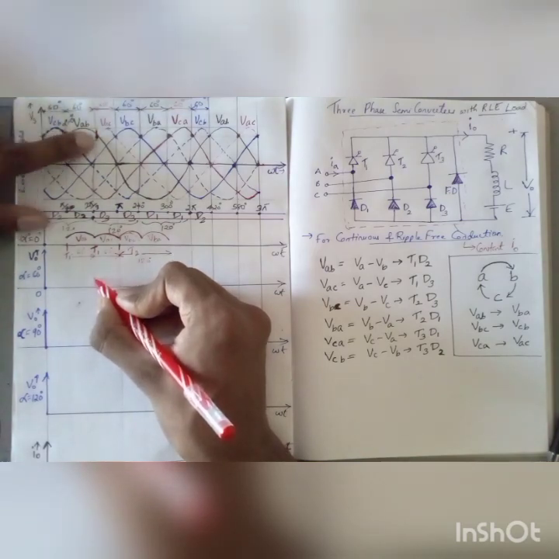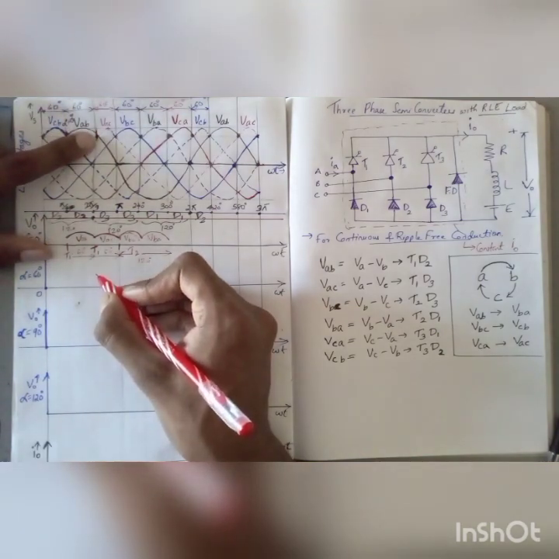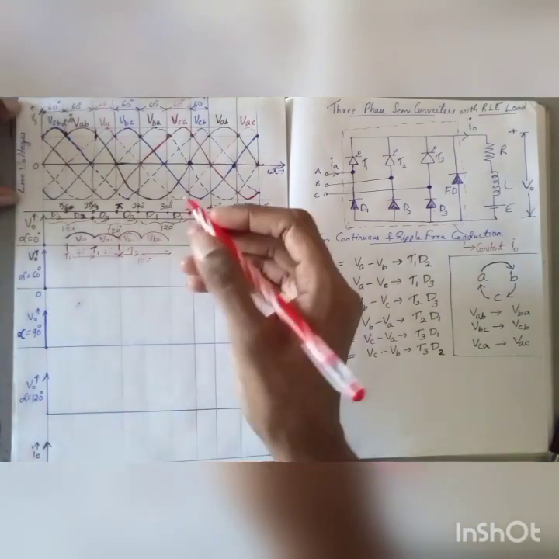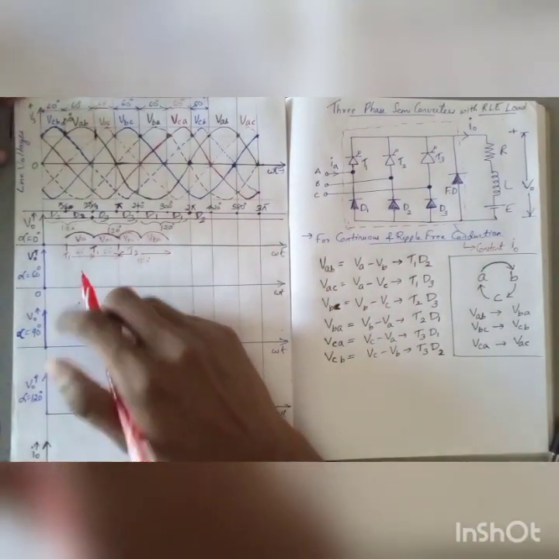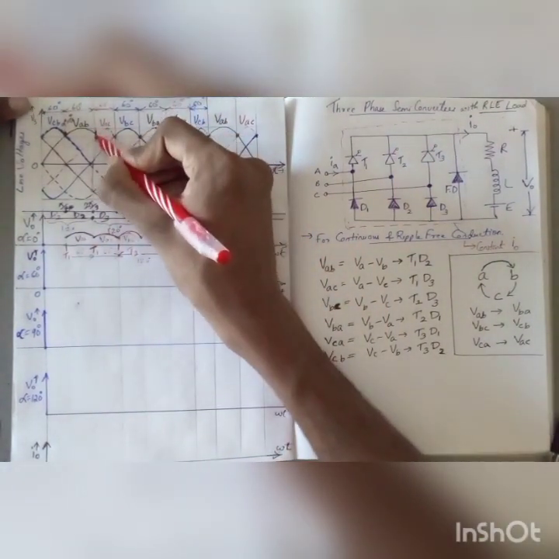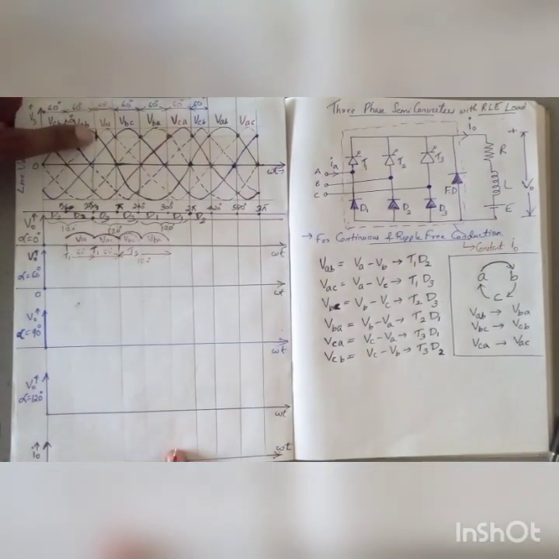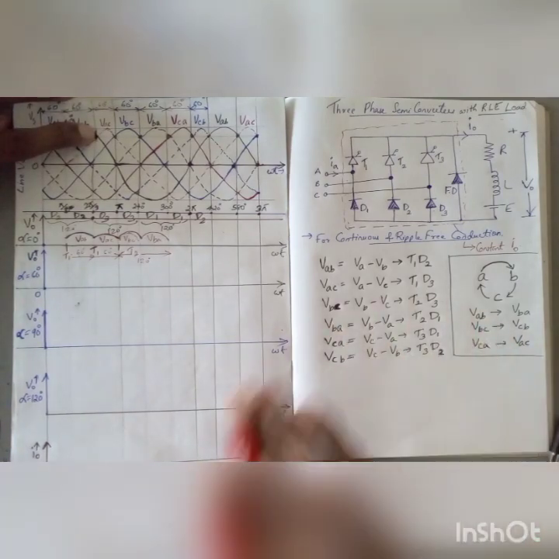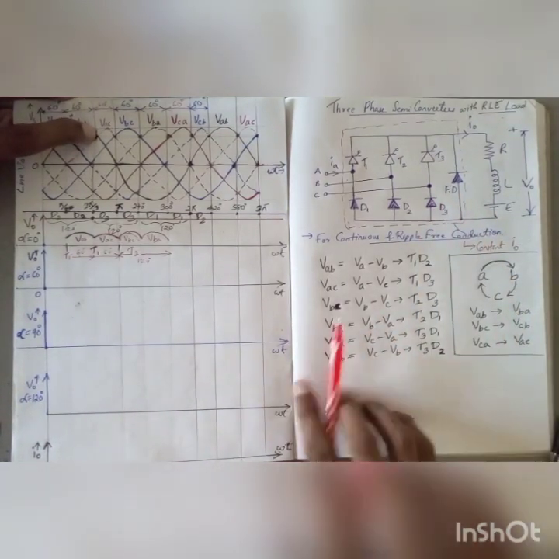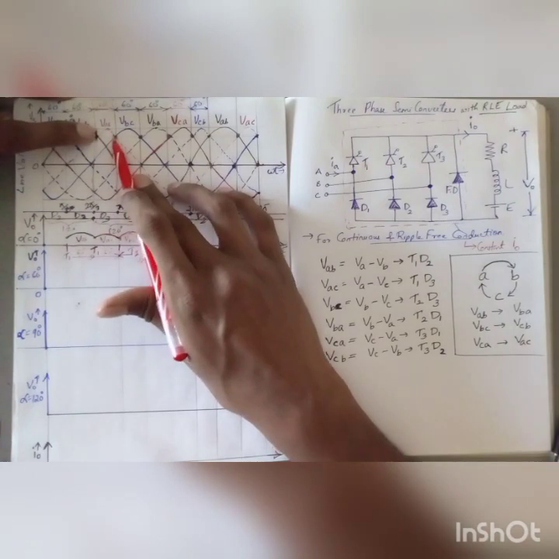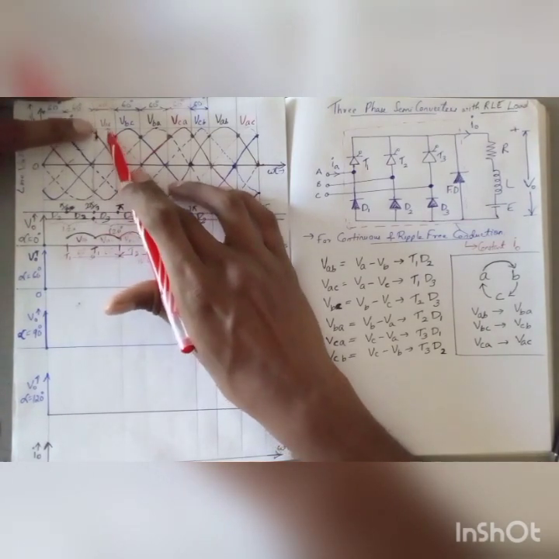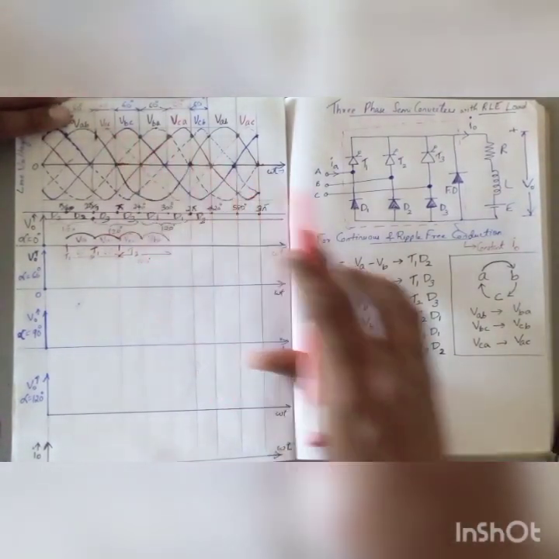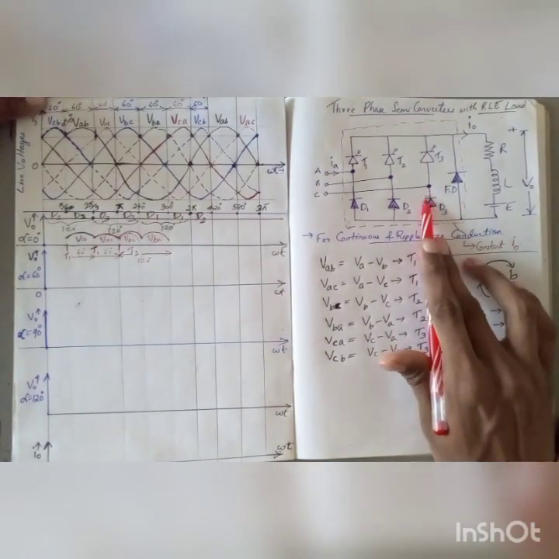Then what will be the voltage that appears across V0? T1 is triggered. So from omega t is equal to 120 degree onwards, the diode conducting, at any cost D3 will be conducting, because VAC will be the highest voltage. So VA minus VC means D3 will be conducting.